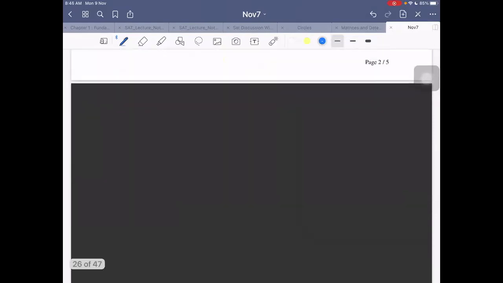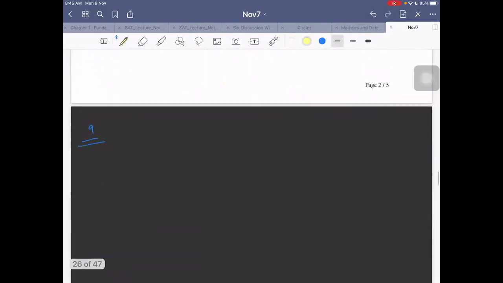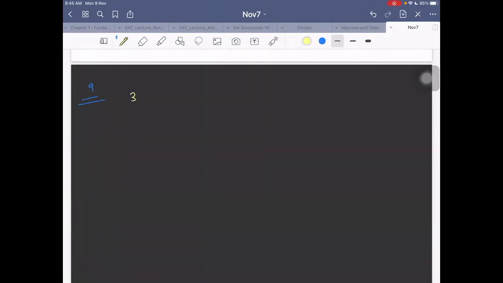In question number 9, what do we have? We have 3 times (z minus 8 by 5) plus 2 times (4z by 5 plus 1 by 5) is equal to 24 divided by 5.